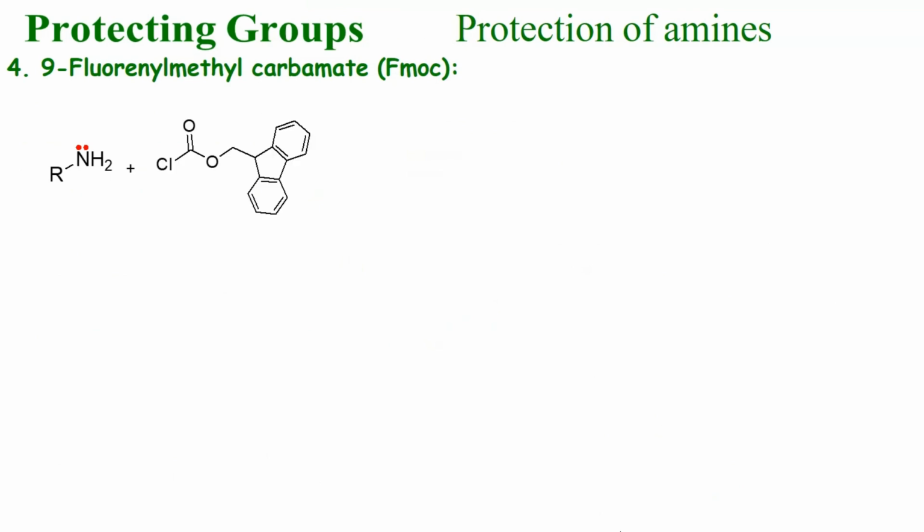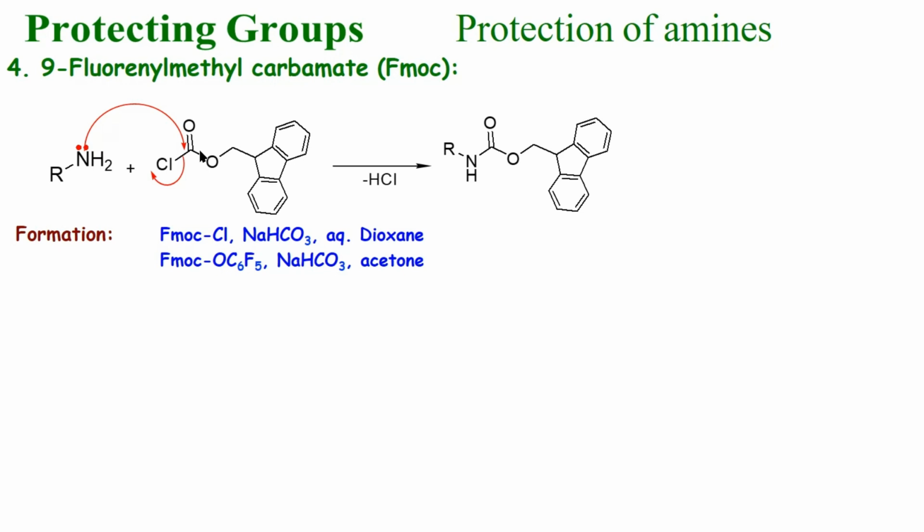The amine or amino acid can be treated with fluorenyl methyloxy carbonyl chloride, a carbonyl chloride bearing an electron deficient carbon. The lone pair of electrons is shared with it, and Cl, being an easy leaving group, leaves as HCl, and we get fluorenyl methyl carbamate.